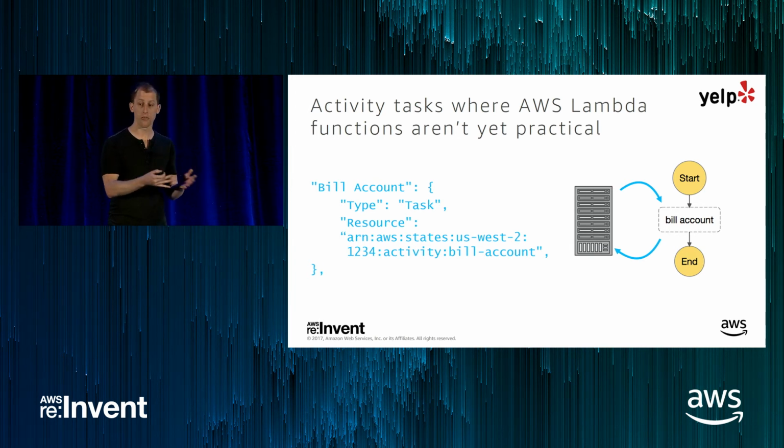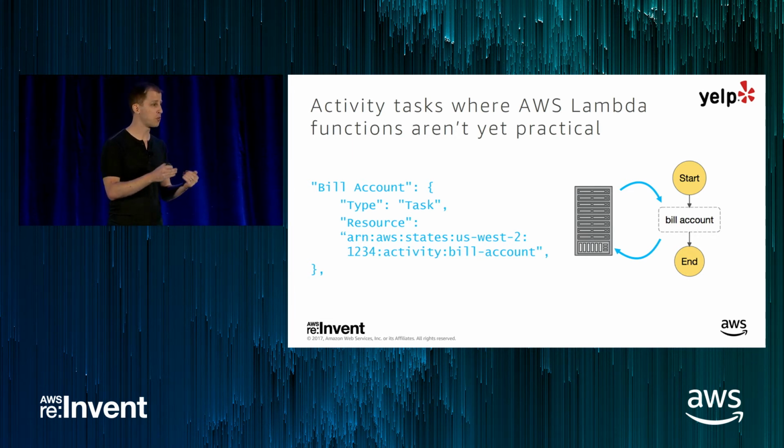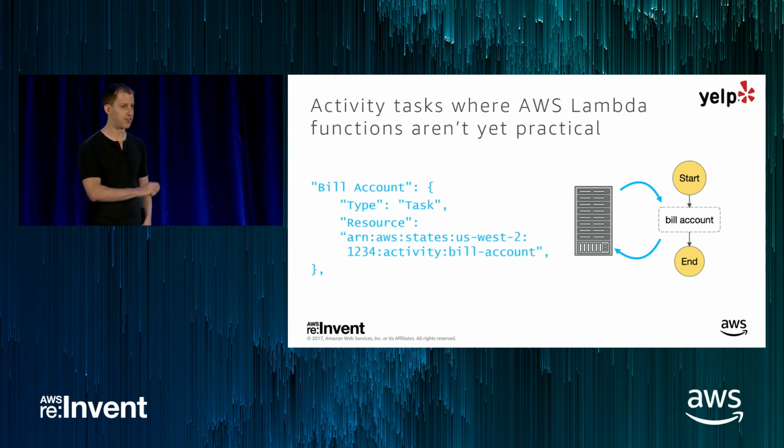And after we were done, to be able to tell Amazon that it worked or it didn't work. And we were able to wrap the existing functionality we already had with minimal refactoring. Remember, the reason we weren't making this better in the first place is it was dangerous to change the code. So we don't want to change the functionality of bill account before we're ready to. But we can just wrap a little layer around the outside, and we can go ahead and have it integrated into our very, very simple workflow.